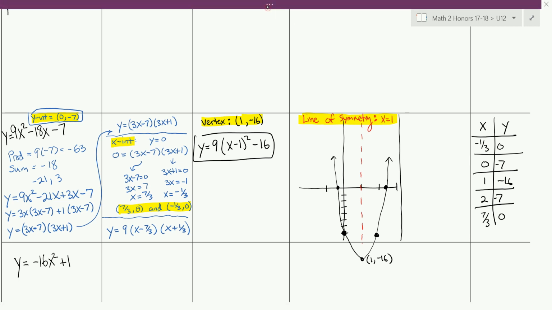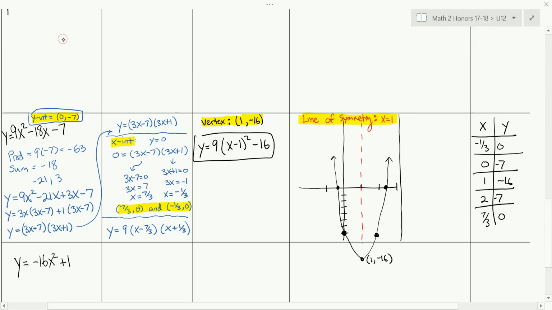And so all we need to do is to list what we haven't done. So what's our domain? All real numbers. What's our range? Greater than or equal to -16. Where is it increasing?